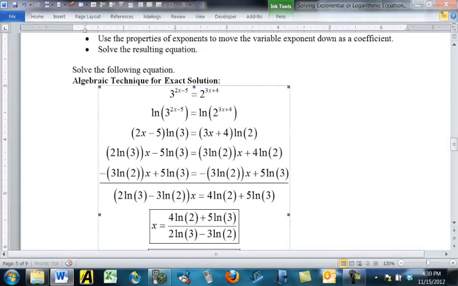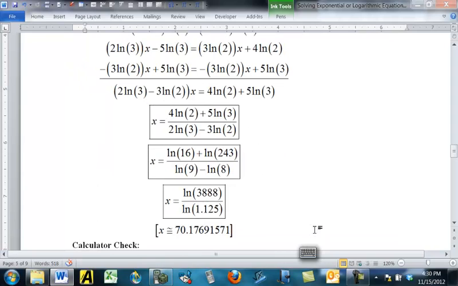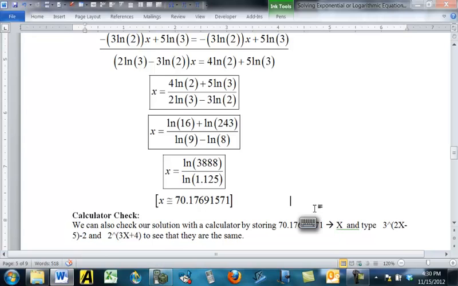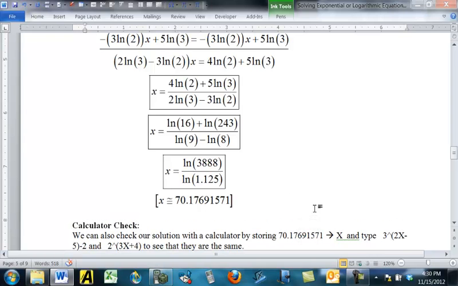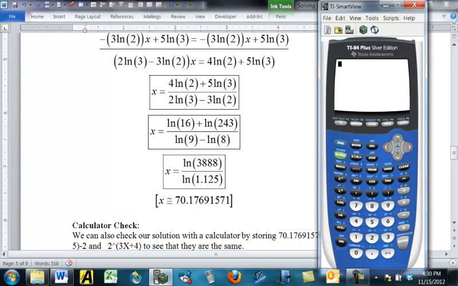Okay, so if I take that now, let's do this a couple of different ways. First, let's evaluate this. And I'm going to actually type all of these in.